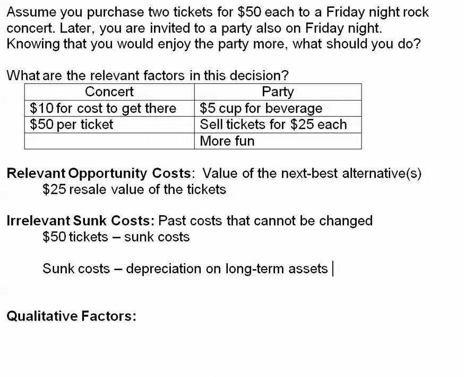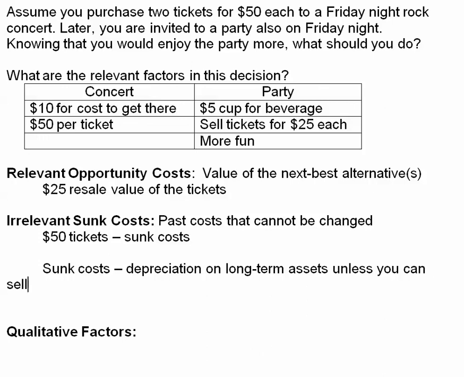So these are the things you would not want to consider in your decision. Though there is a caveat, unless you could resell, or you could sell the long-term asset, which in that case you would consider that an opportunity cost. So I hope you see the difference between those.